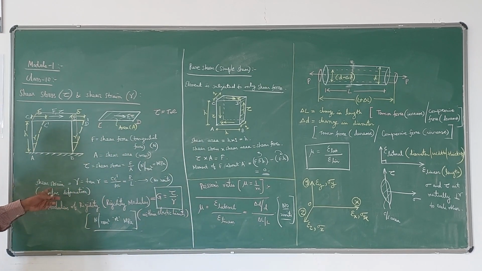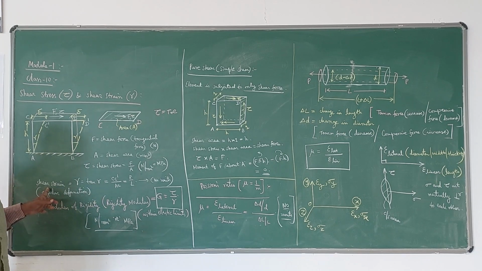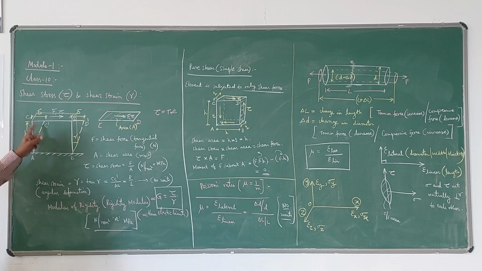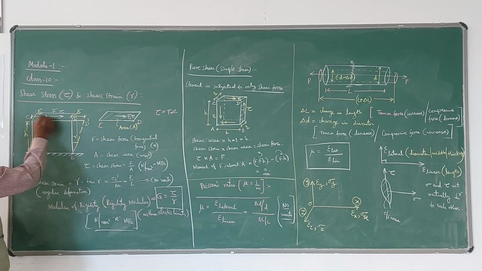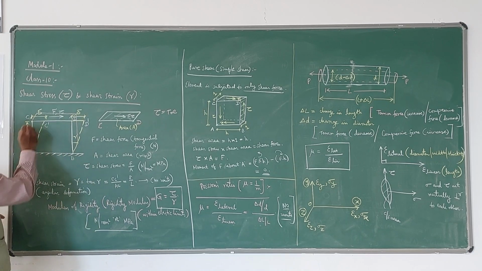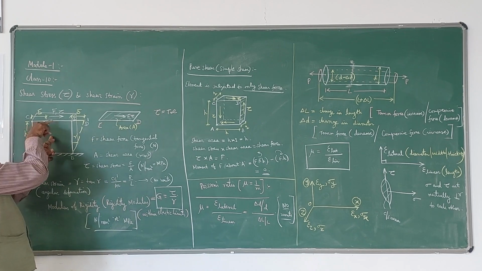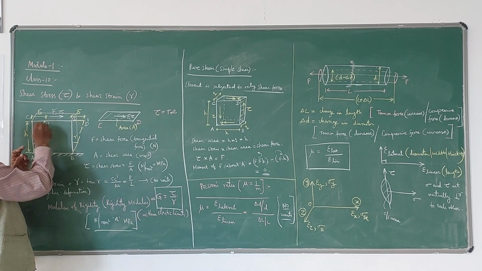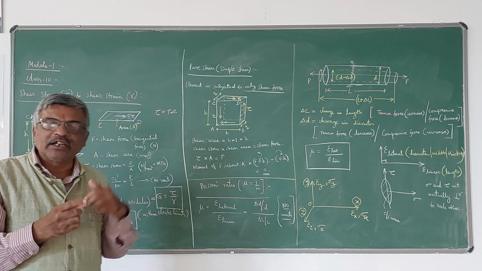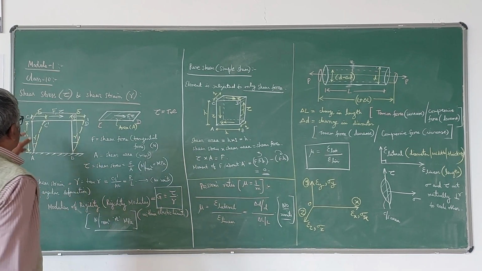That strain here is called shear strain. The other word for shear strain is angular deformation. In this diagram, due to the effect of this F, since it is free here at C, it gets shifted to C dash. A lateral shift will be there from point C to C dash.